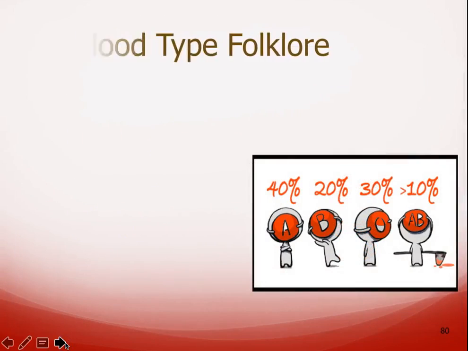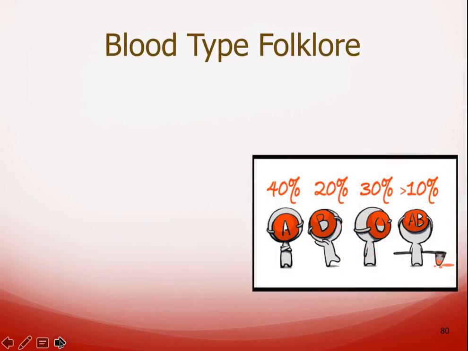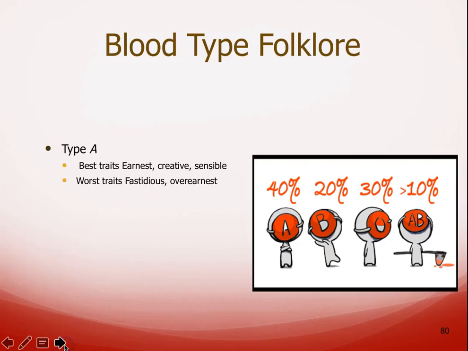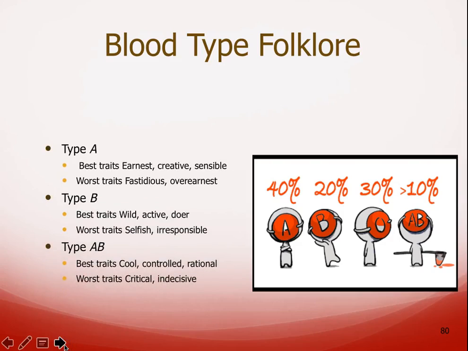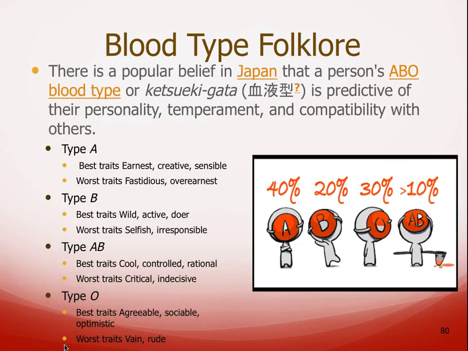All right, you may have heard of blood typing folklore. This tends to be big in Asian countries, particularly in Japan. It's kind of like our horoscopes, where if you're an Aries, you have these characteristics, and if you're a Virgo, you have these characteristics.